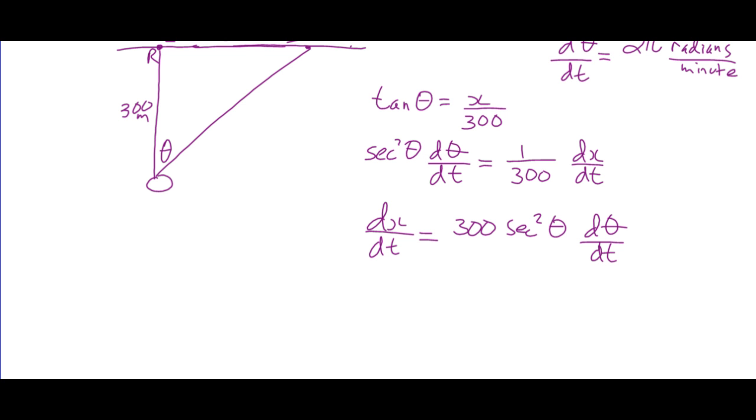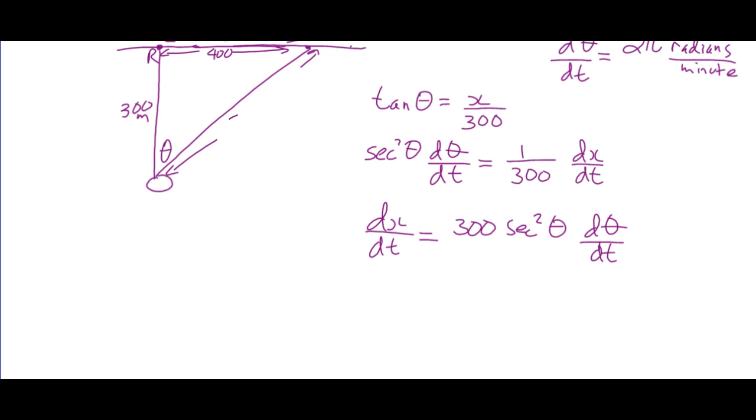Okay, so what do we know? We know that we want x to be 400. And we need the secant, which is the inverse of cos. What's the hypotenuse going to be? 500, right? 3, 4, 5 triangle.